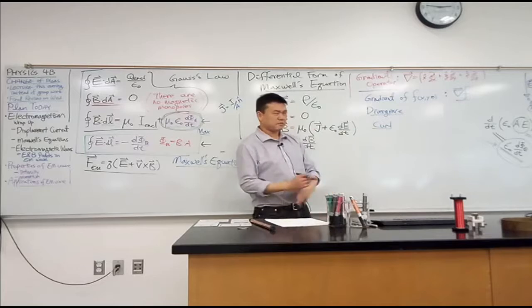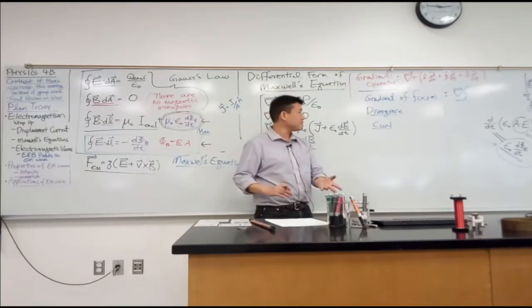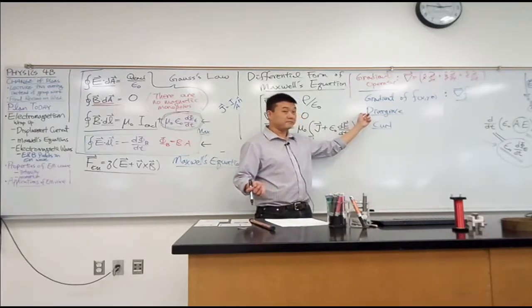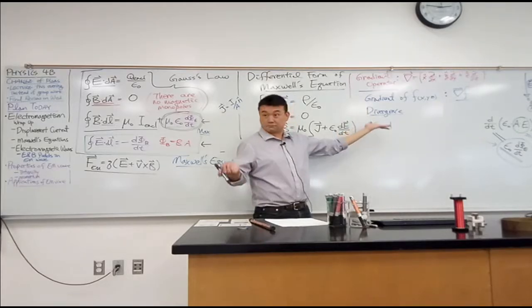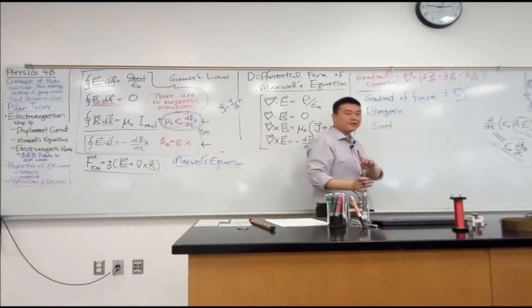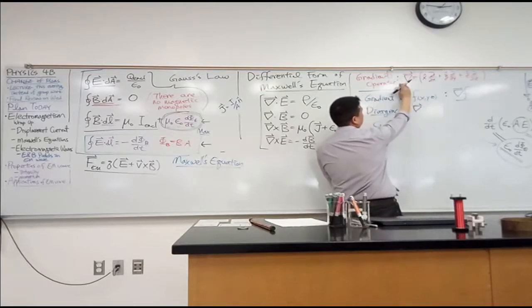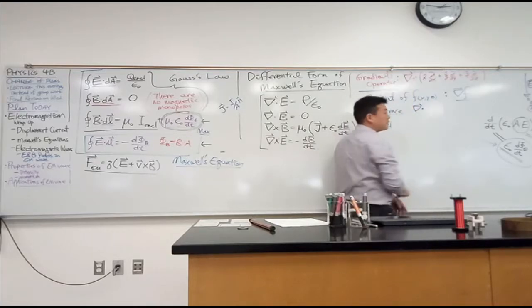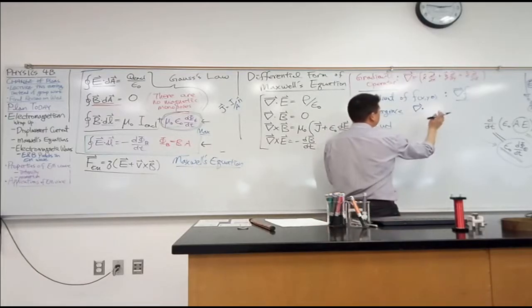So divergence, does this sound familiar, like with the vector operations? What kind of vector operation did we do where you got a scalar? Dot product, right? Yeah, that's what divergence is. It looks like a dot product. So it's the gradient operator, dot product, with some kind of vector field.